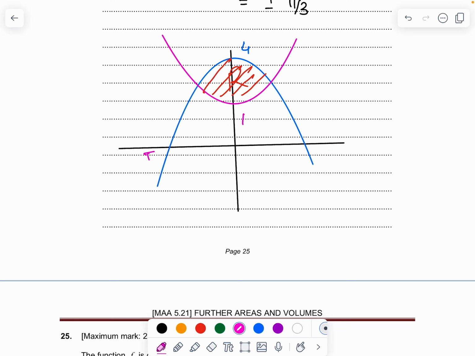They are intersecting at negative pi by 3 and positive pi by 3. And there is an asymptote over here at negative pi by 2 and positive pi by 2.